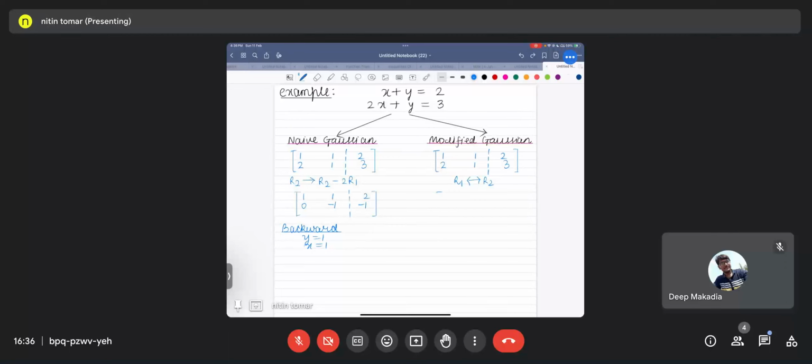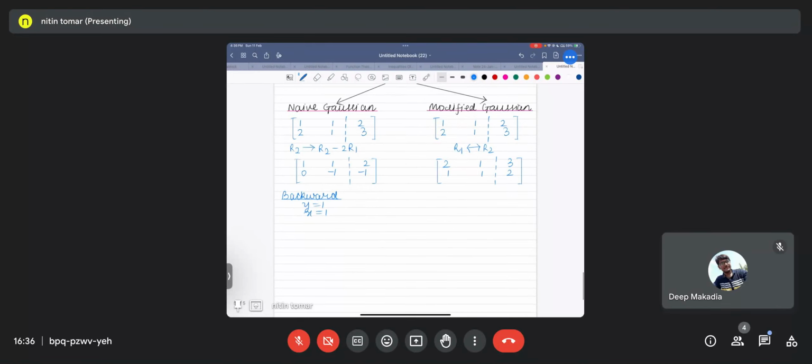So it will become 2, 1, 3, 1, 1, 2. Now you can apply the row operation: R2 goes to R2 minus half R1. And you will have 2, 1, 3, then 0, half, and minus half.